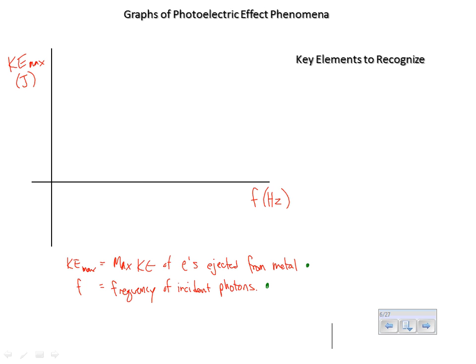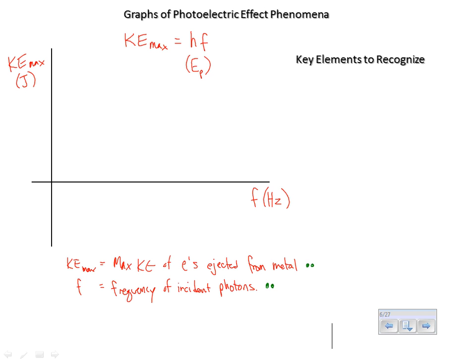You would think the more energy these photons have, the more energy the ejected electrons can have. That suggests a relationship like this: Ke max is proportional to hf, and hf is just the energy of a photon.